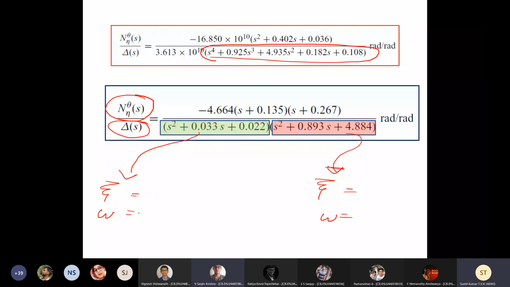So it's omega 0.14 for the green one? Zeta is 0.11. Yes, sir. And omega, 0.14.